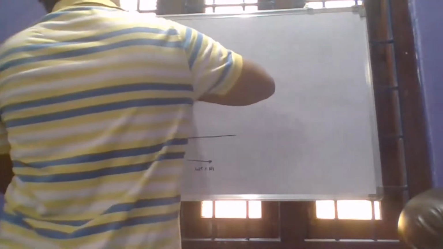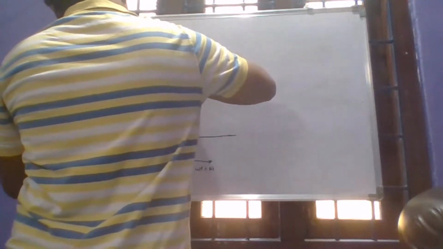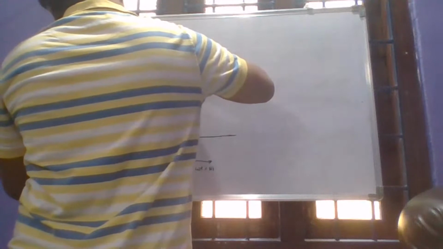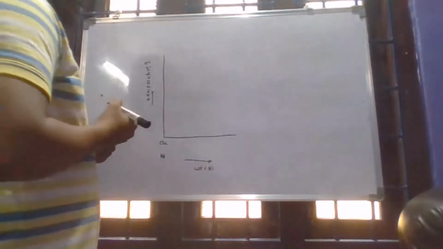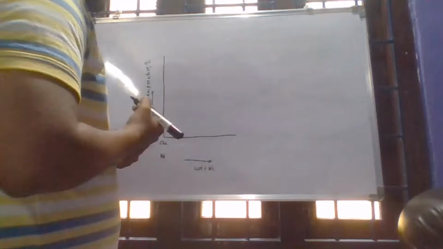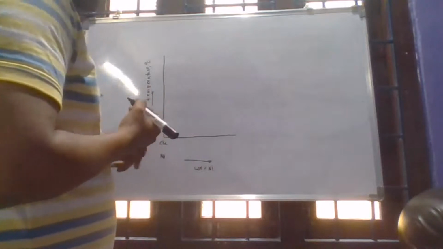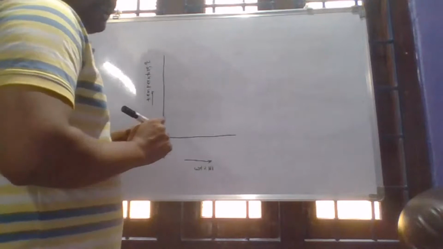On the y-axis we have temperature in degrees centigrade. So according to the table, let us first write the points on the x-axis and y-axis.